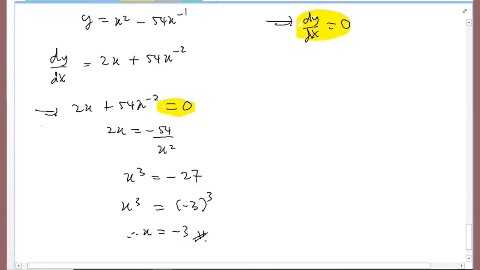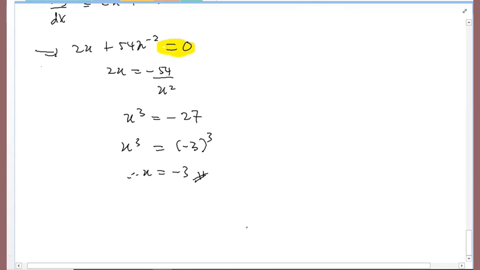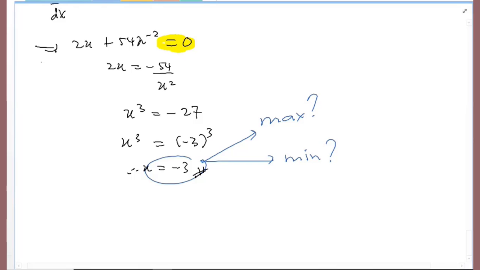Then check whether this is a maximum or minimum. You can use this to discuss both the first derivative and second derivative tests. If you are not sure whether it is a maximum or minimum, using the first derivative test, we discuss all.